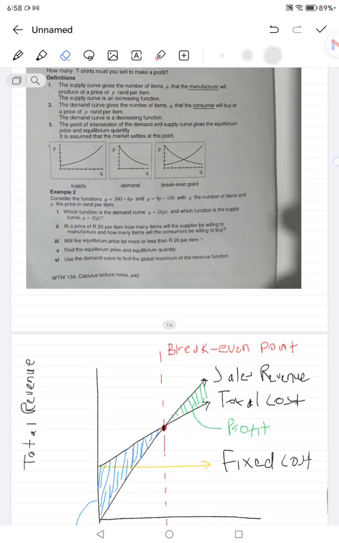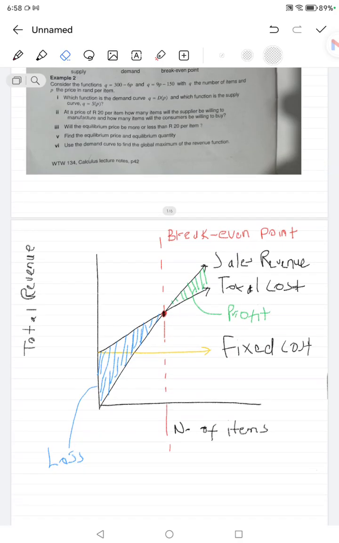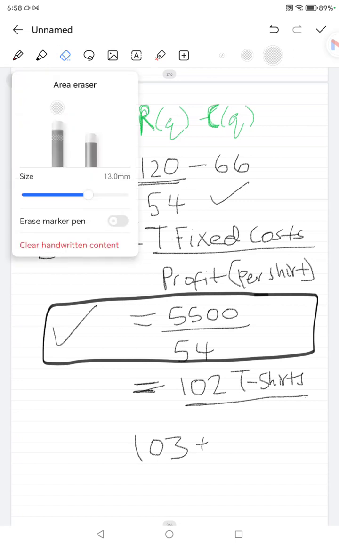To interpret it clearly, let's write them down and see what happens if we have a price of 20 Rand. Let me erase these ones.